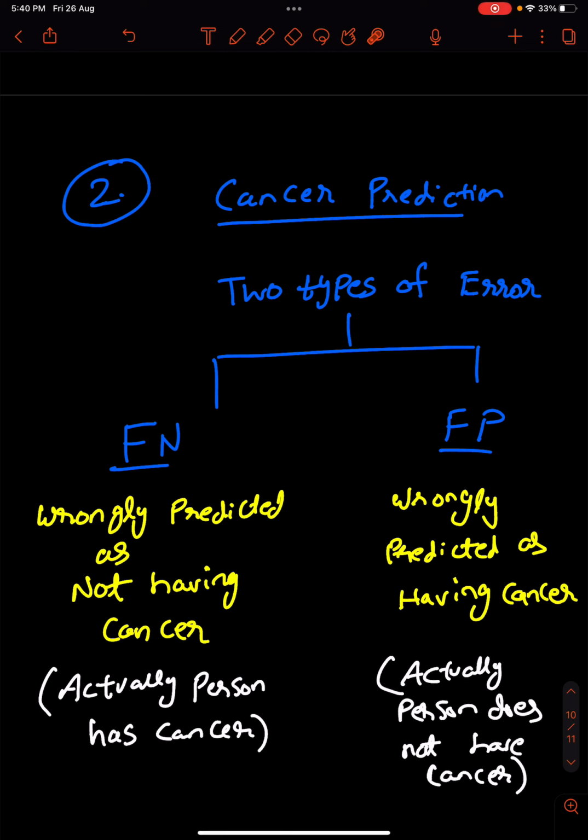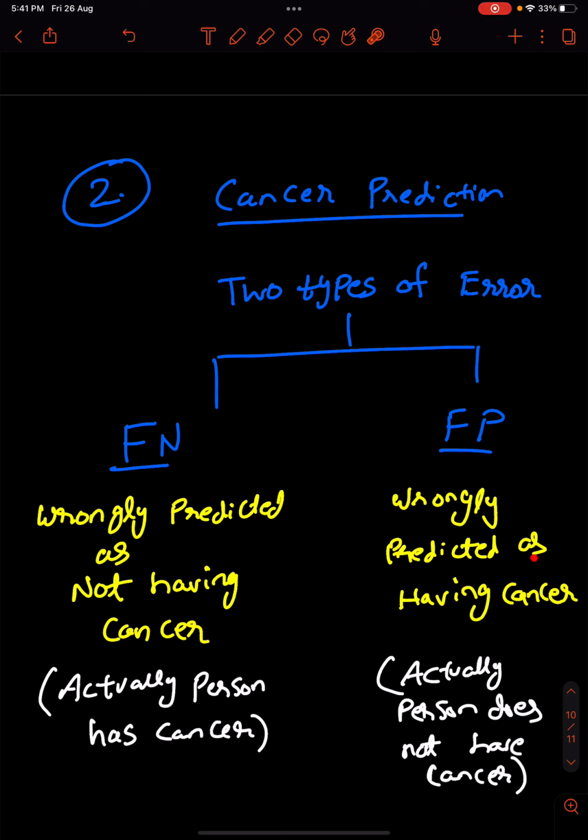Maybe the hospital might treat him for 2-3 more months or 5 more months, and then maybe some expenses, right? But eventually they will figure out that he doesn't have cancer. Model might say he has cancer. It's okay, the treatment can continue. Sooner or later the doctors might figure out that actually he doesn't have cancer, so nothing to worry. Just take the medicines and send him home, something like that. So this is fine.